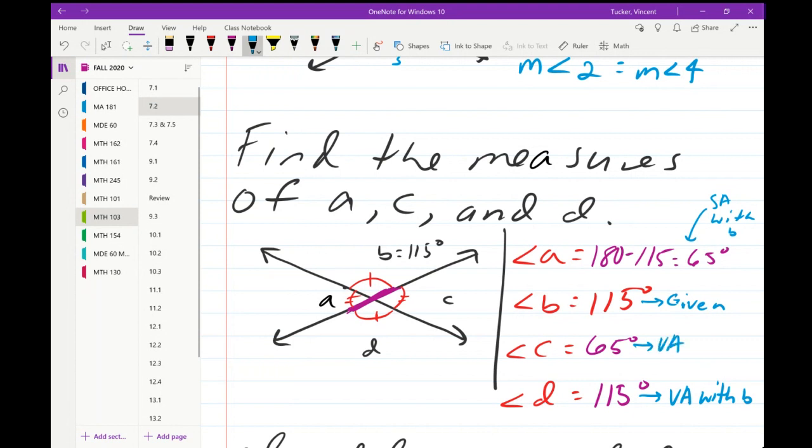And that one is a vertical angle with A. All right, any questions?